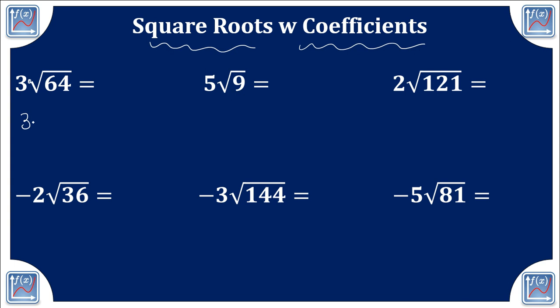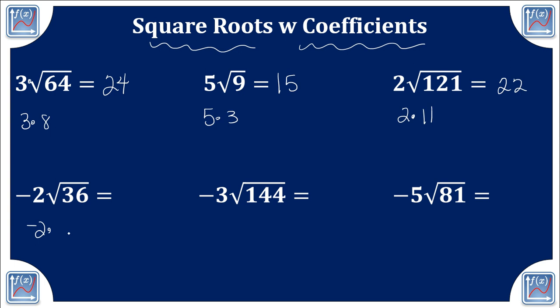So this is 3 times the square root of 64, which is 8. So this gives us 24. 5 times the square root of 9, and the square root of 9 is 3. So 5 times 3 is 15. 2 times the square root of 121: the square root of 121 is 11. 2 times 11 is 22.